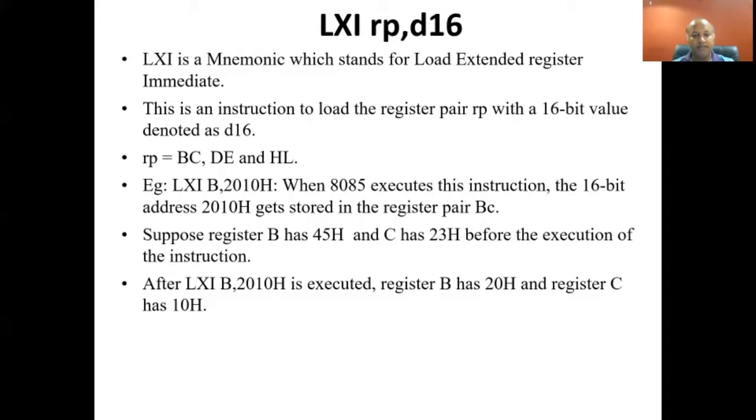So after LXI B, 2010H is executed, register B has 20H and register C has 10H. So the value of register pair BC changes from 4523H to 2010H.